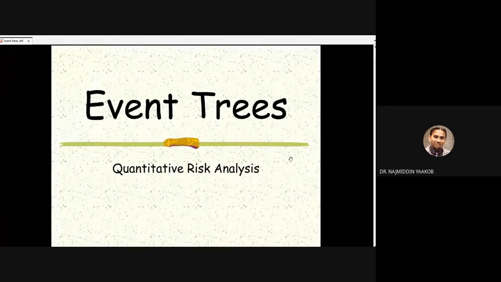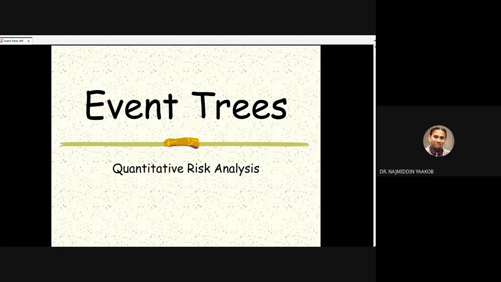All right, I believe from the previous slide, I have given the structured step by step in order for you to construct an event tree, which is one of the analysis methods for process hazard analysis. We have other methods, for example, HAZOP, fault tree analysis, and event tree analysis is one of them.